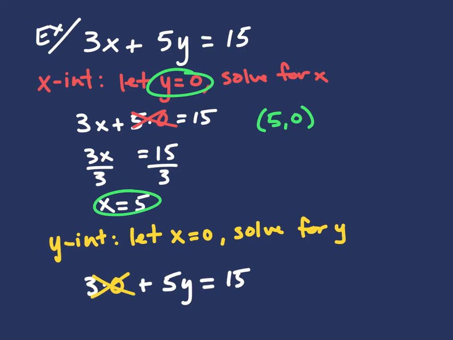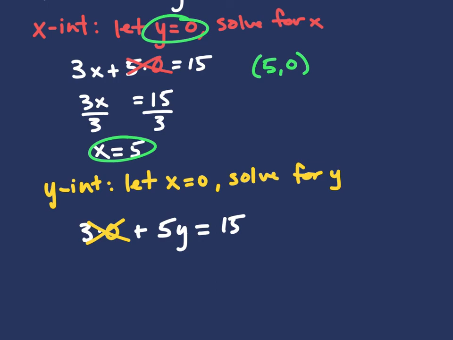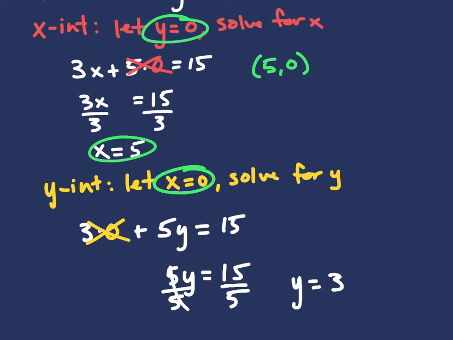That goes away, and we are just left with the equation 5y is equal to 15. Divide both sides by 5, and we get that y is equal to 3. So now you have the point x equals 0, y equals 3, and we could write that as the point 0, 3.